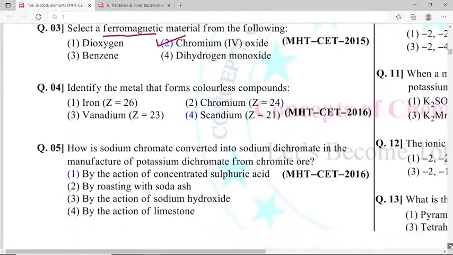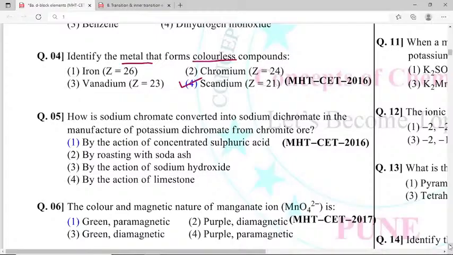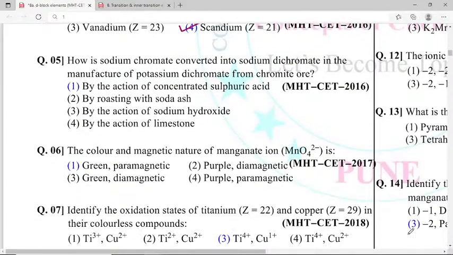Next, identify the metal that forms the colorless compound. Scandium forms the colorless compound. Next, how is sodium chromate converted into sodium dichromate in the manufacture of potassium dichromate from chromite ore?